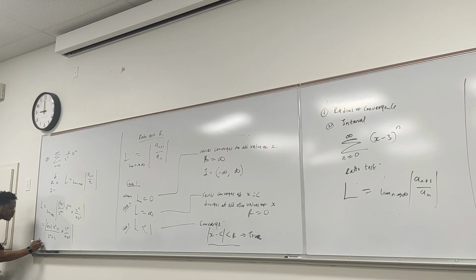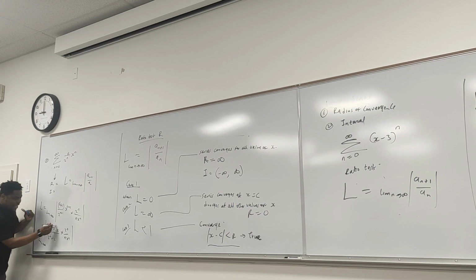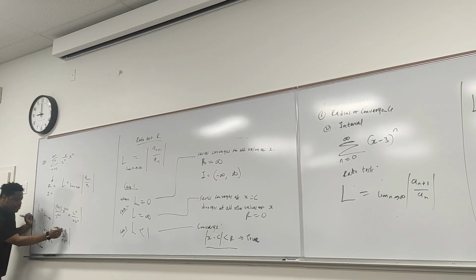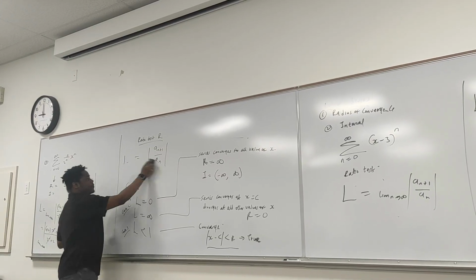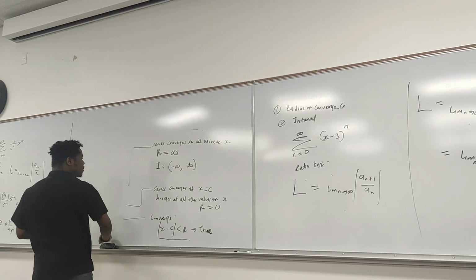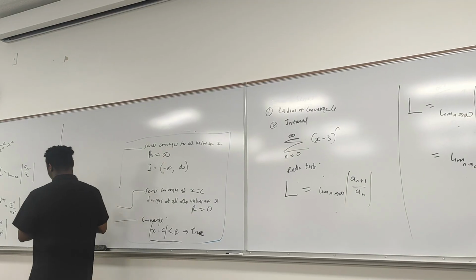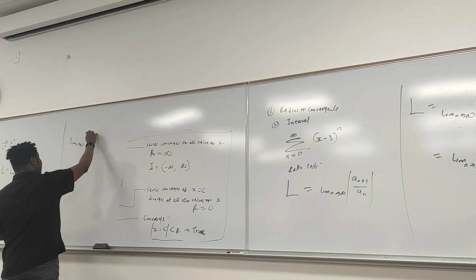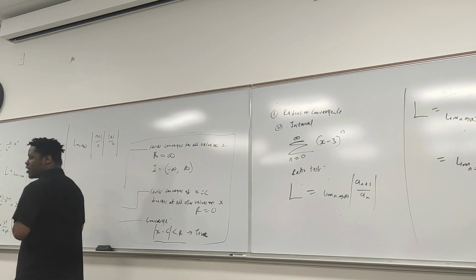Remember, it's limit n to the infinity. So x to the n cancels out x to the n, right? 2 to the n cancels out 2 to the n. I'm not going to clean this because we would always use this one. So we are left with limit n to the infinity of n plus 1 over n, right? Multiplied by x over 2. Did everyone get it up to this point?